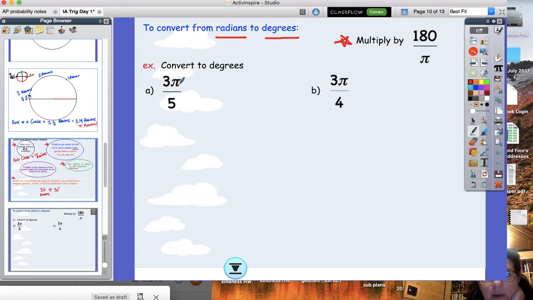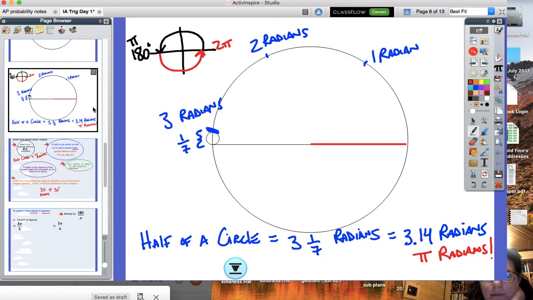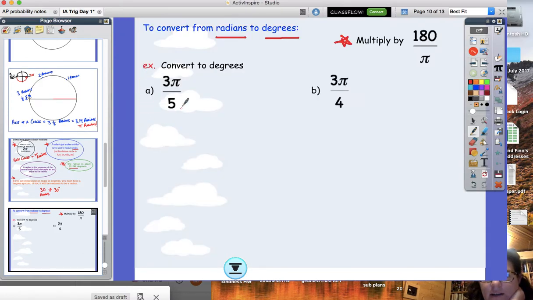They're going to involve pi. Remember, half of a circle is pi, so when you see radians, they're often going to be in terms of a fraction of pi. If I have this radian and I want to convert it to degrees, I'm going to multiply by this conversion right here, 180 divided by pi.